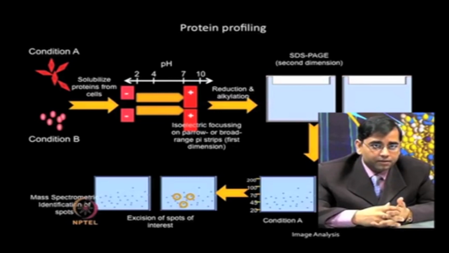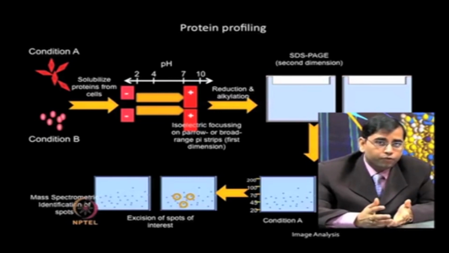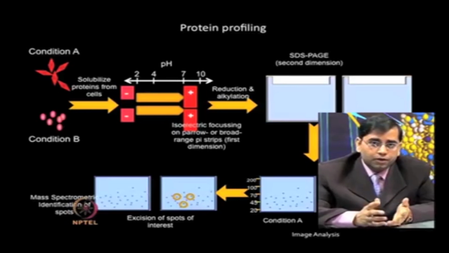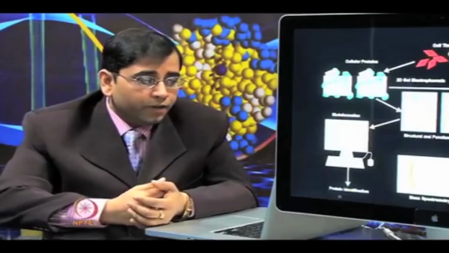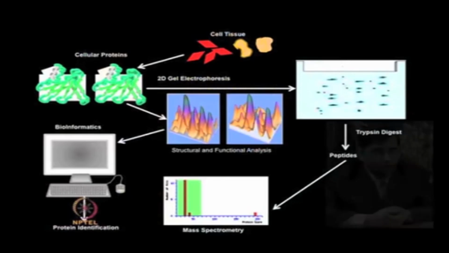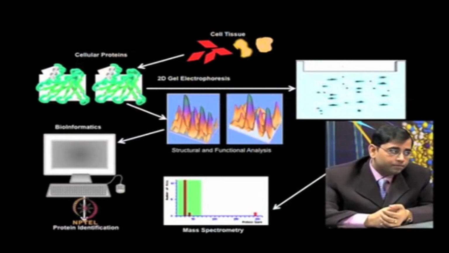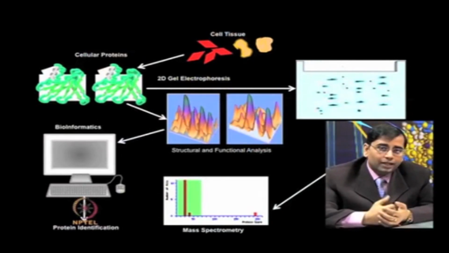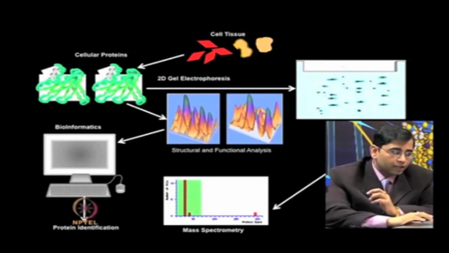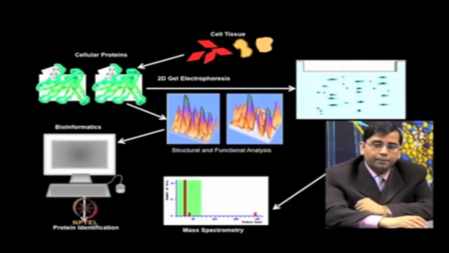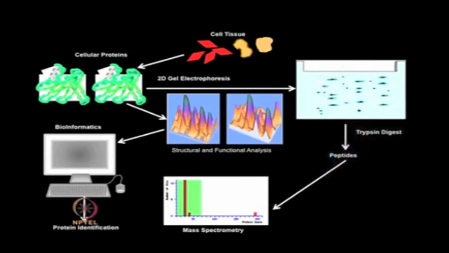And if these are significant, then this is the protein of your interest which you would like to identify by using mass spectrometry. So, I am giving you a view of abundance based proteomics or differential expression profiling, where you can separate the proteins and you can compare the abundance of each spot as shown in the 3D views, and then the spot of interest could be trypsinized and it can be identified. The peptide spectra can be generated from mass spec.